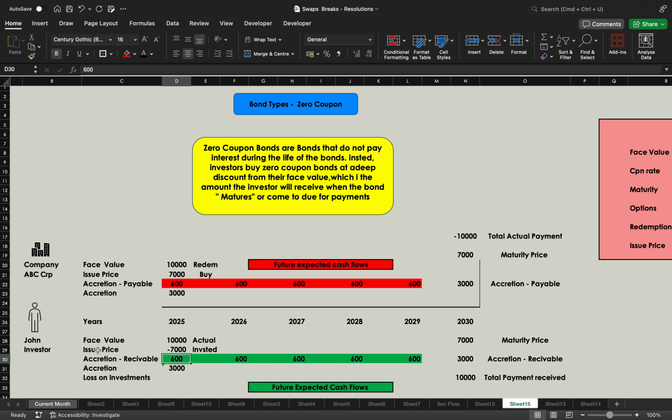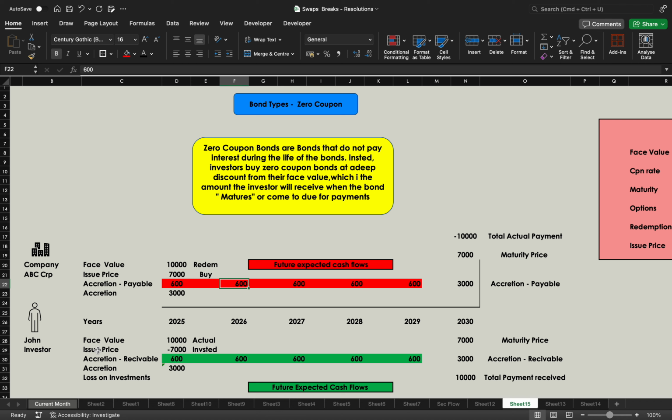For accounting purposes, every year the company will record a liability of 600. Why 600 as a liability? Even if it is a discount, the company will have to pay that discount to the investor at the end of maturity, correct? And that's what the company will record as a 600 accretion payable in the books of the company.